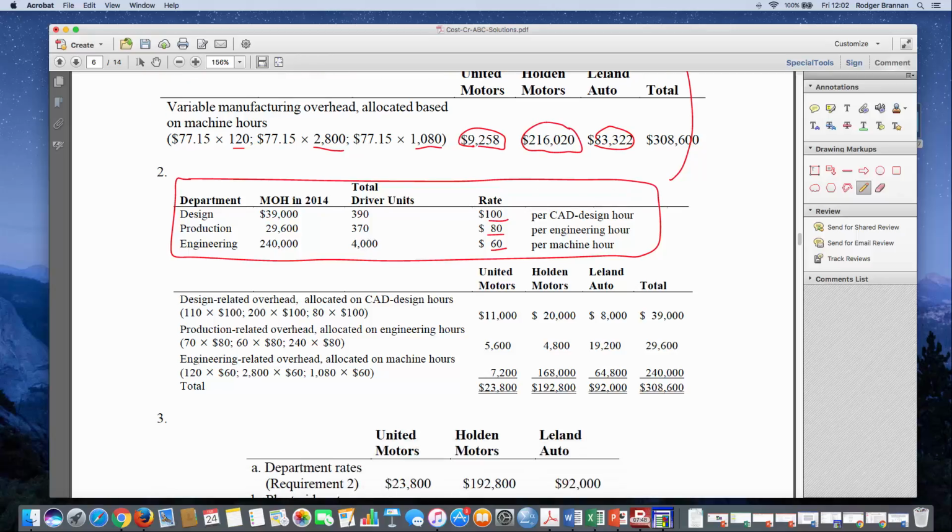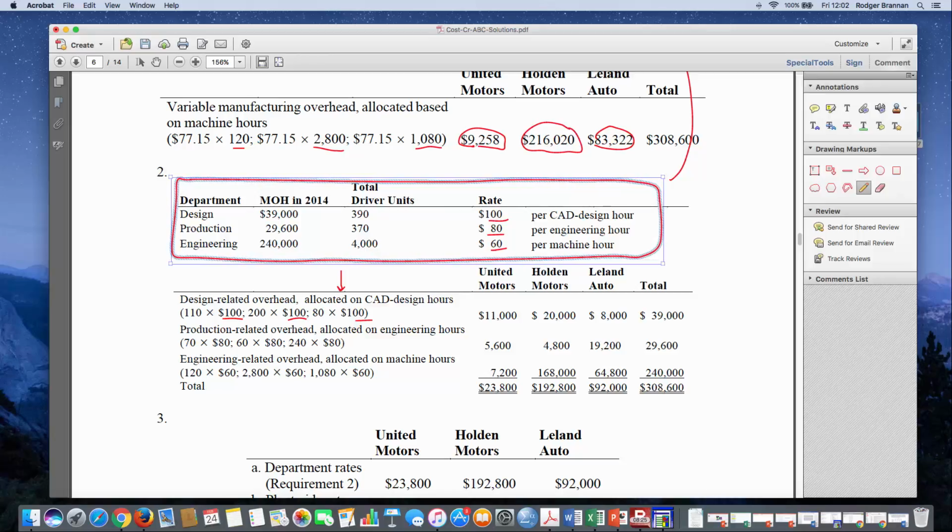So this is where it begins to get, not so much complex, but kind of tedious, to have to say, okay, fine, now I'm going to have to determine what these rates are, and then take those times the number of hours that each one consumes. So the design, well, we know the application rate. That's here. Well, we go back and look at 390: 110 is United, 200 is Holden, and 80 is Leyland. And do the same thing with the other cost. And you just go through and you have to do it a number of different times.